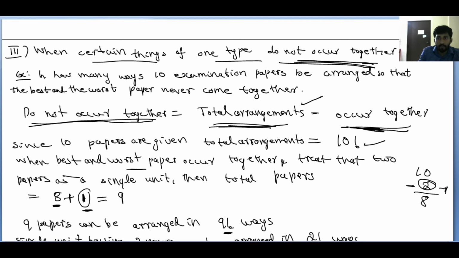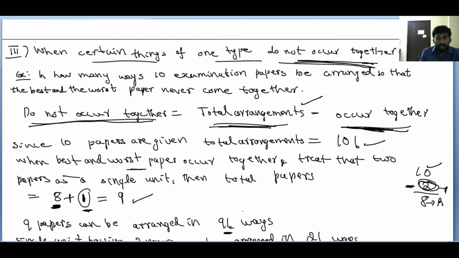Here the case is when two papers occur together, that is best paper and worst paper. Two things always occur together, that is case 1, right? You need to treat those two things as a single unit. So 10 papers are there, and treating 2 papers as a single unit, the remaining papers is 8. So total is 8 remaining papers plus 1 single unit, equal to 9. Remember, this single unit has 2 papers, but you are treating it as a single unit.